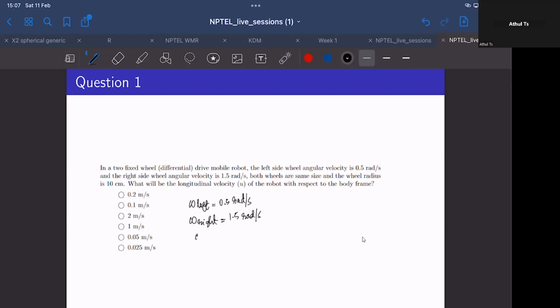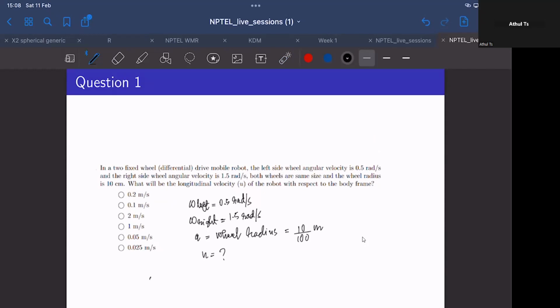So let A be the wheel radius. It says 10 centimeters, or 10 by 100 meters. What is the longitudinal wheel velocity of the robot with respect to its body frame? So this is a typical question that you could expect in your assignment questions.